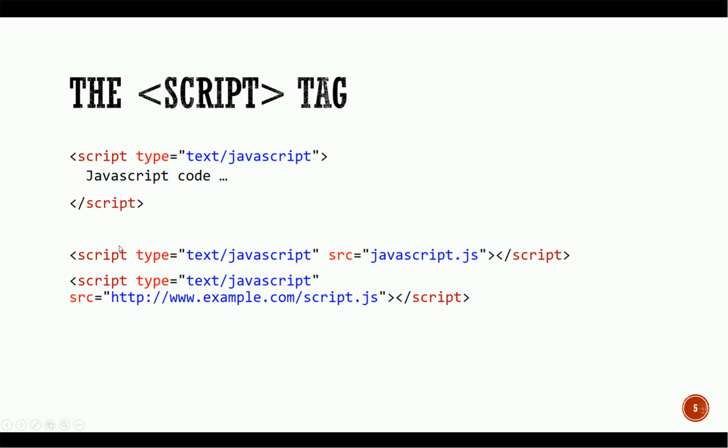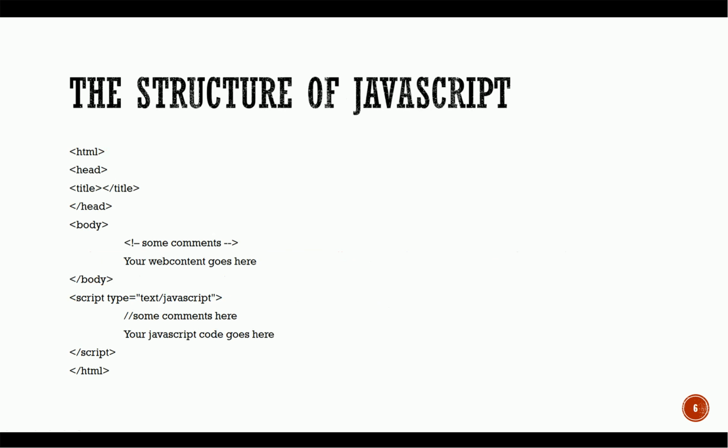In order to link your HTML page to an external JavaScript file, we provide the source via the src attribute here, and it can be a local file on your computer, but also can be a JavaScript file available over the internet. In an HTML file, it is standard to put the script inside the head part of your document. So the head here.